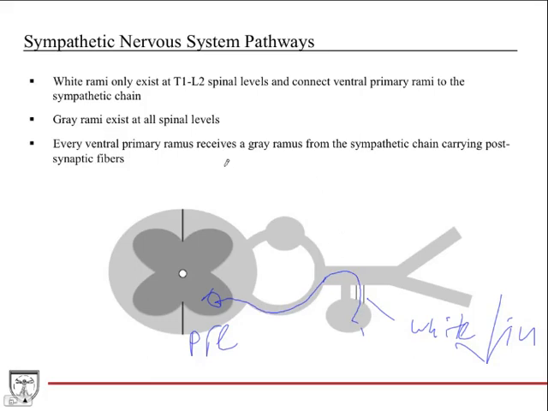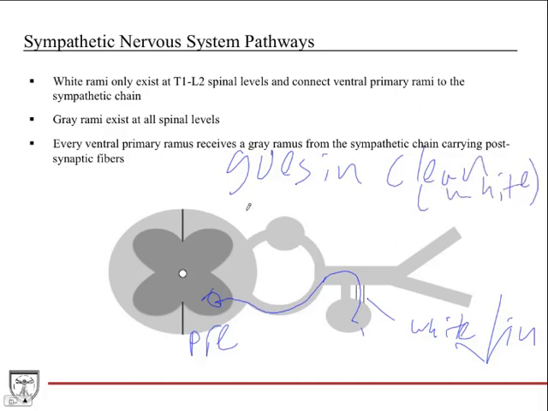So a way you can remember that is goes in clean, meaning white, because white is usually synonymous with clean, comes out dirty, okay, which would be gray, okay? So comes in clean, goes out dirty, okay? So that's how you remember the white versus gray. So what happens is we'll have a synapse here, and we'll go through these pathways a little bit.